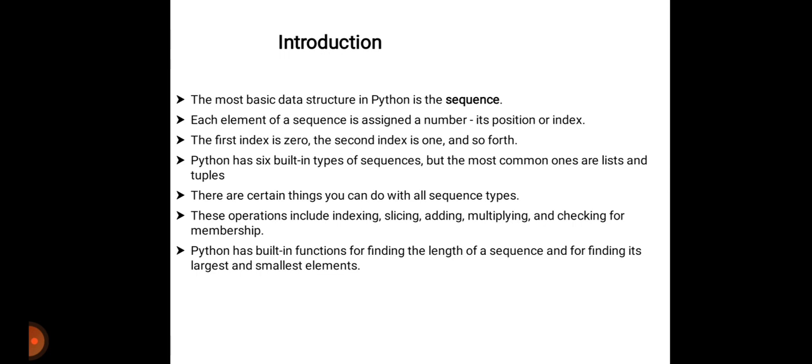Python has 6 built-in types of sequences, but the most common ones are lists and tuples, which will be discussed in this session. There are certain things you can do with all sequence types, and these operations include indexing, slicing, adding, multiplying and checking for membership. Also, Python has built-in functions for finding the length of a sequence and for finding its largest and smallest elements. So this is just an introduction to lists.